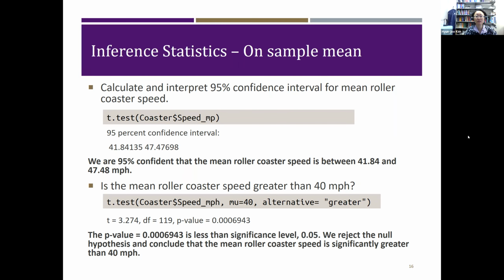For the last few slides in Module 2, we'll discuss inference statistics in R. In particular, we'll use the t.test command and obtain confidence interval and hypothesis-related values. For many of us, this is a recent review of basic statistics.